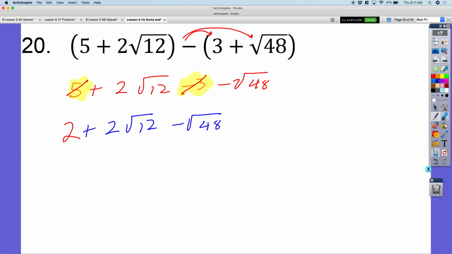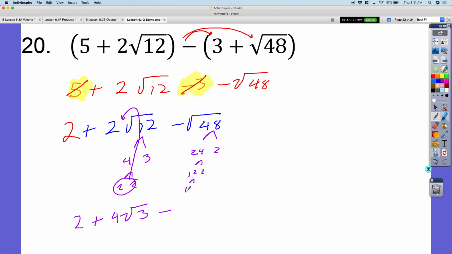Now what we're going to do is break these down. The square root of 12 breaks down to 4 and 3, and this breaks down to 2 and 2. So I'm going to pull out a 2. So this would give me 2 plus 2 times the 2 I pulled out is 4 square root 3 minus, now when I look at 48, the two numbers that multiply to 48, we can do like 24 and 2, 12 and 2, 6 and 2, 2 and 3.